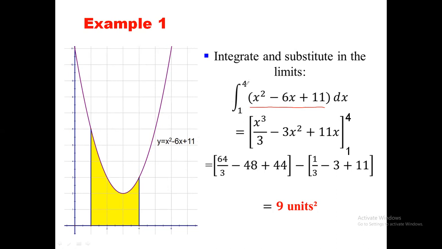So these 1 to 4 are actually values of x on which the area that you will be determining is bounded. You're only going to determine the area starting from x equal to 1 to x equal to 4. If you recall, when we speak of x equal to 1 and x equal to 4, we are referring to vertical lines.